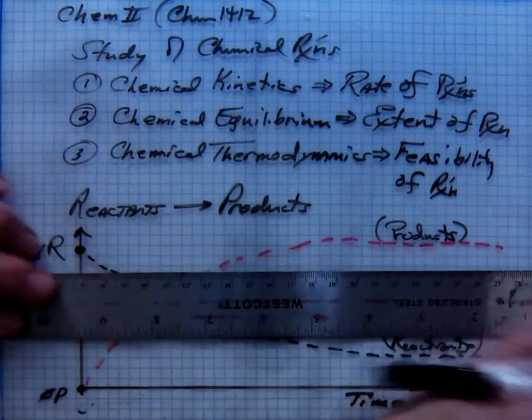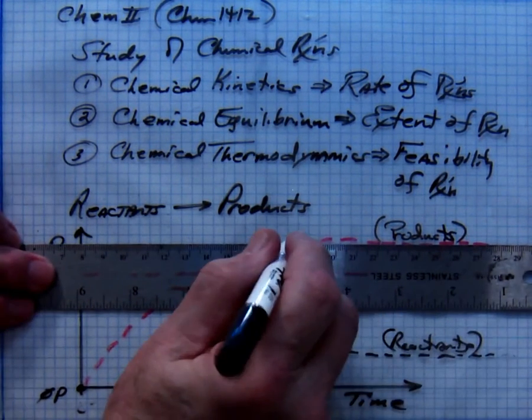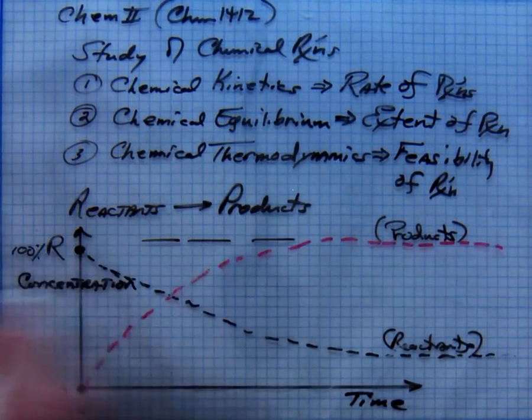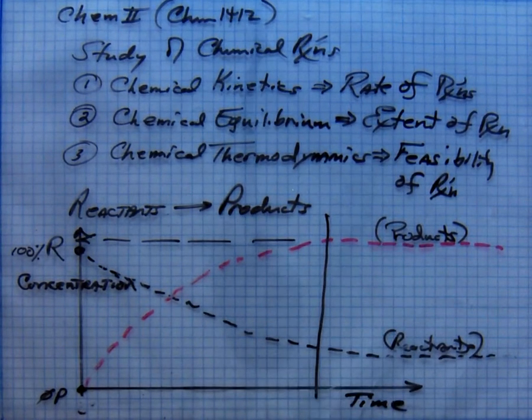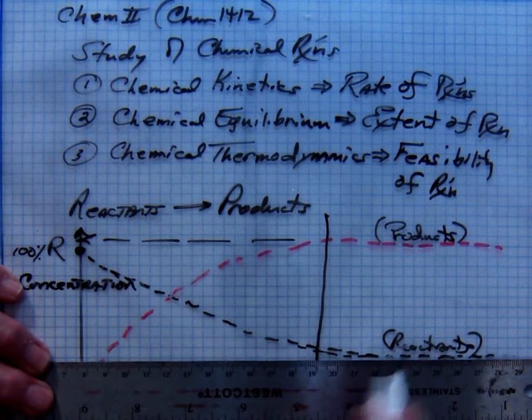So if we took a ruler and extrapolated back here to the best of our ability, from this point on, let's just say it levels off there.